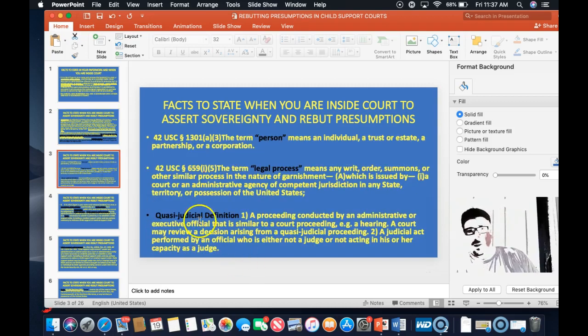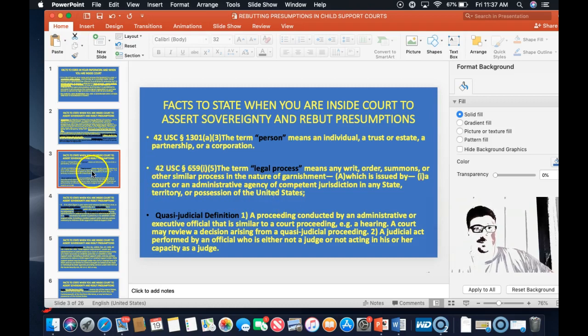Under 42 U.S.C. 659, the term legal process means any writ, order, summons, or other similar process in the nature of garnishment, which is issued by a court or an administrative agency of competent jurisdiction in any state, territory, or possession of the United States.